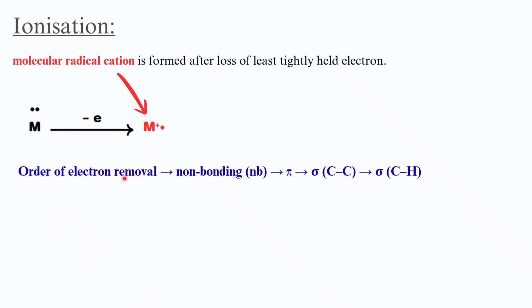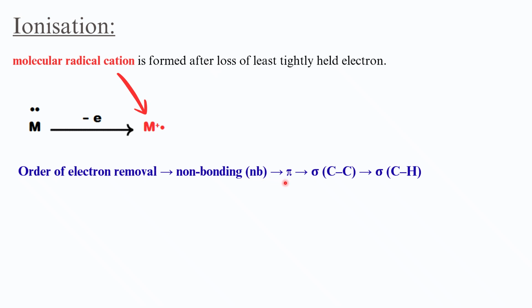Now always remember, the most important thing to remember is the order of electron removal, that is, from where you will remove that electron. Whatever organic compound you are provided with, you may have a covalent bond, a pi bond, or a lone pair of electrons, so which one to remove? Always remember this order. If you have non-bonding electrons, which are nothing but the lone pair of electrons, you will remove one electron from that lone pair.